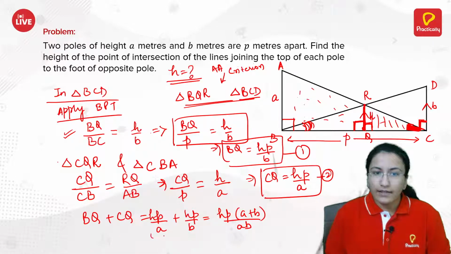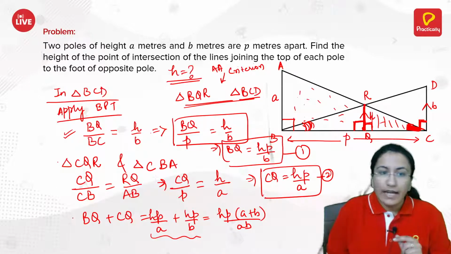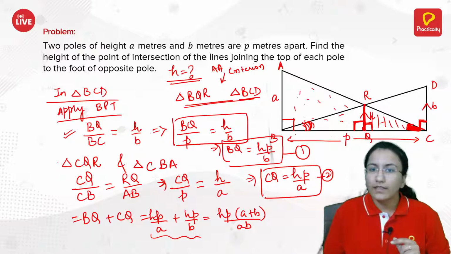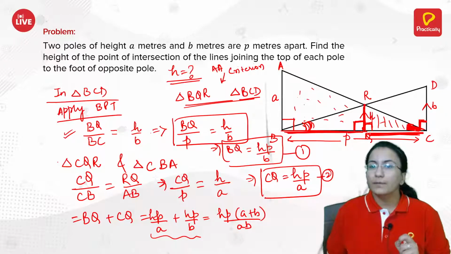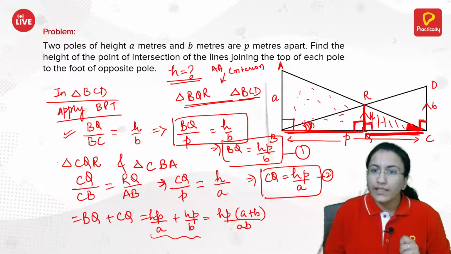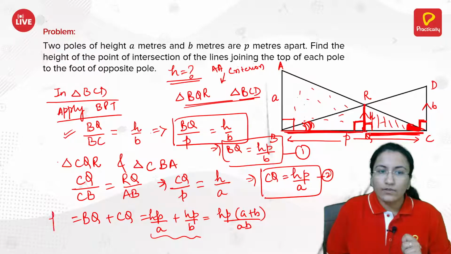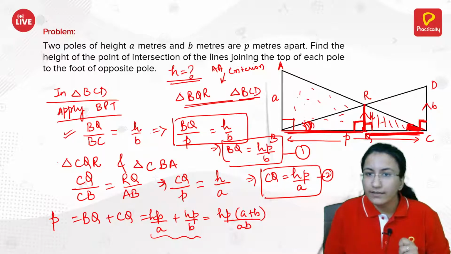So this RHS I have solved as HP into A plus B by AB, and this BQ plus CQ can be rewritten from the figure as P. This complete length is P, right?